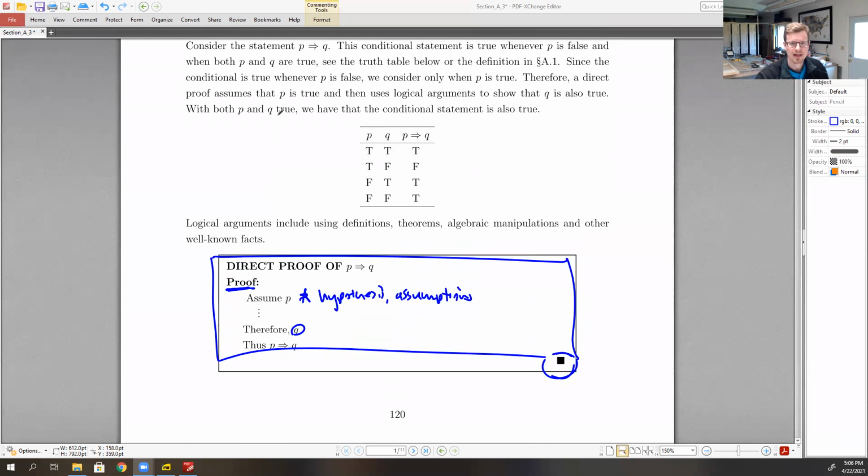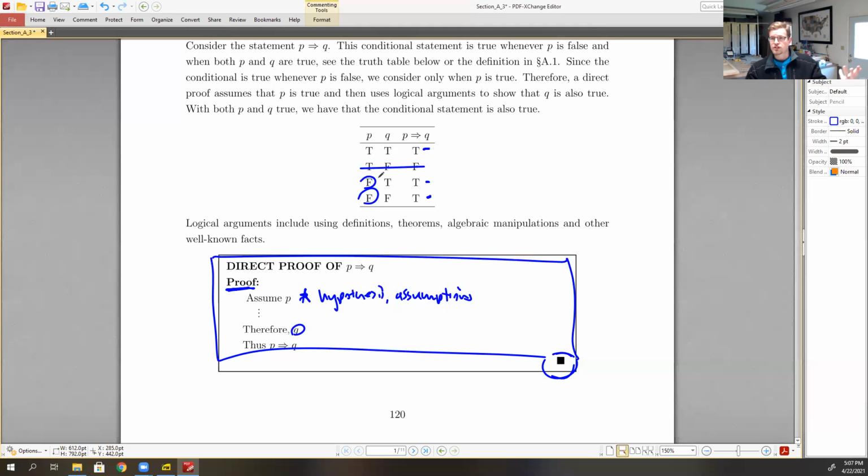So again, let me remind us that when we're proving an implication, we want to prove the implication is true. So we're only looking at these three scenarios where the implication is true. We're not worried about this one. The implication is always true when the premise is false.